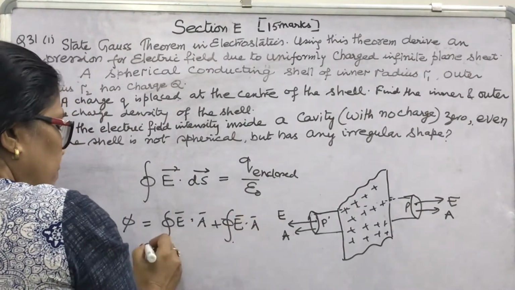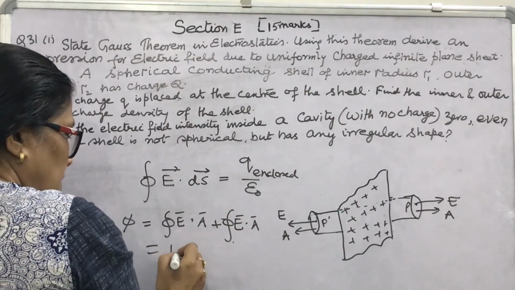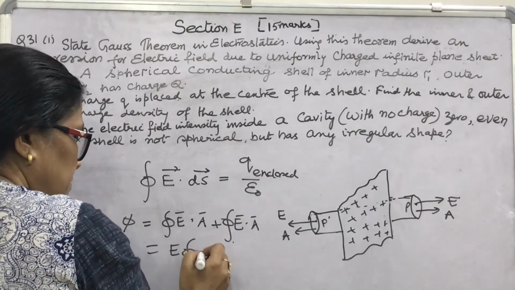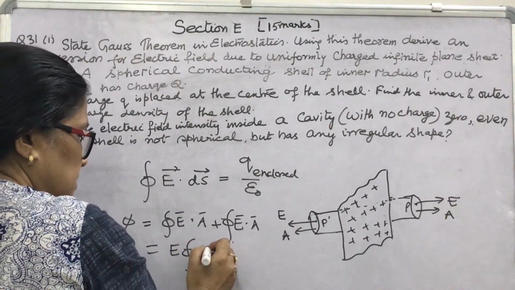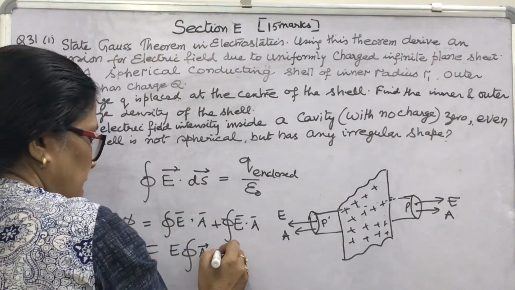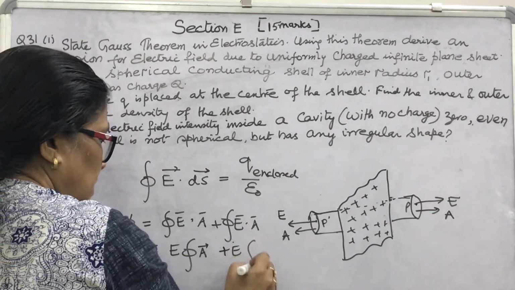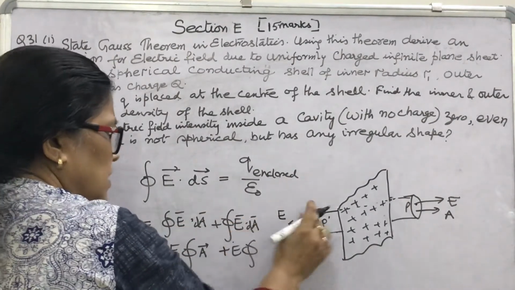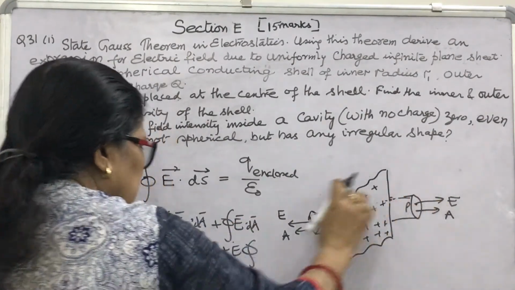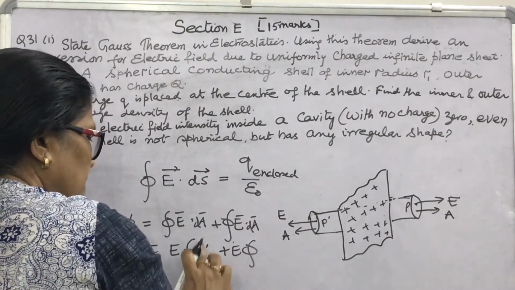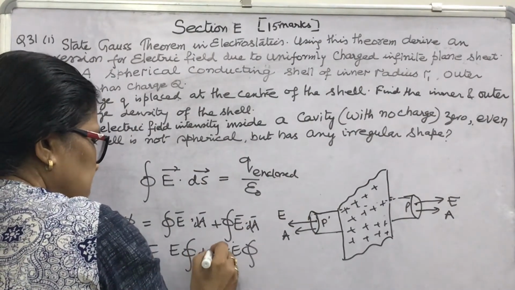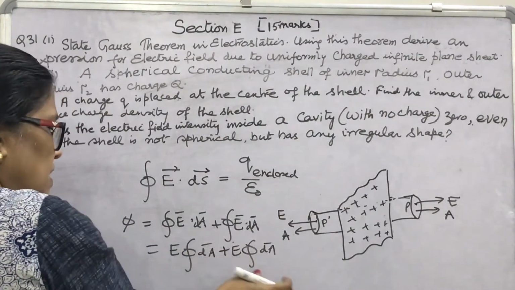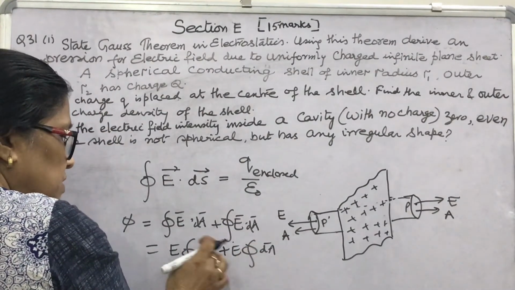So what will be the electric field? The flux is the integral of E dot dA at one face, plus E dot dA at the other face. You should write dA for the small surface we are considering. What will be the integration of dA?